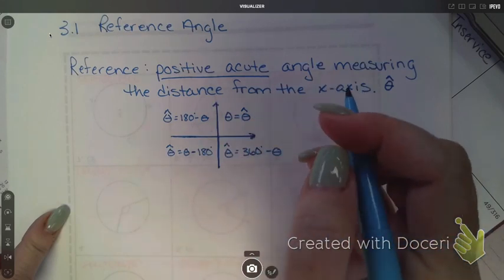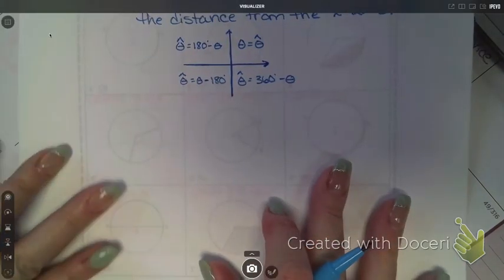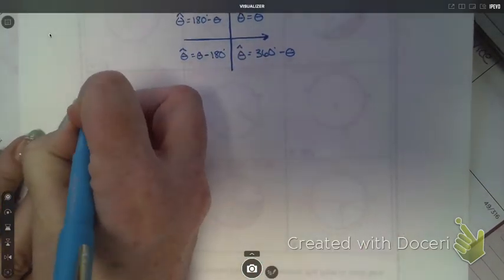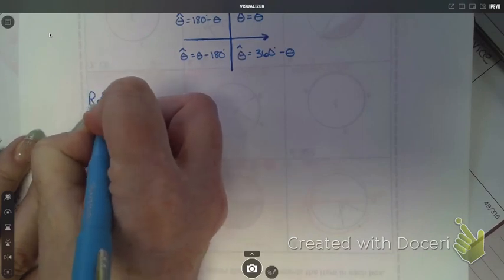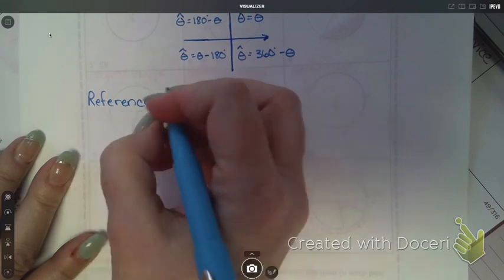Okay, so there is a reference angle theorem that you have also used already, but I will write it down for you because sometimes it says use the reference angle theorem and you're like, what?